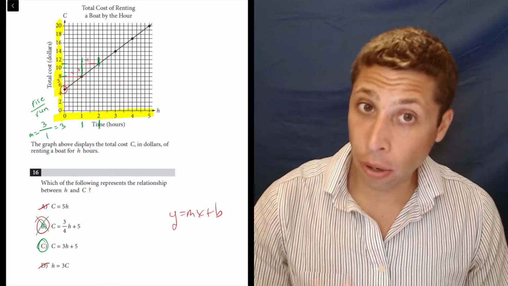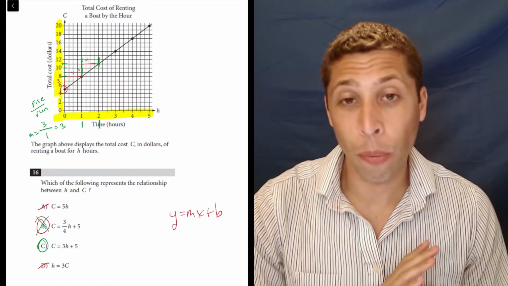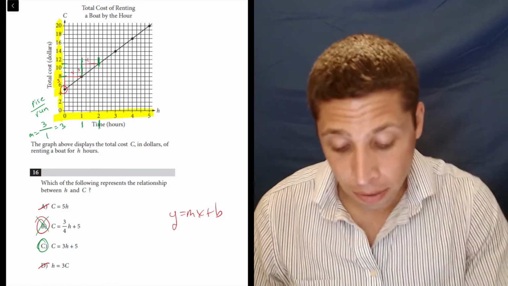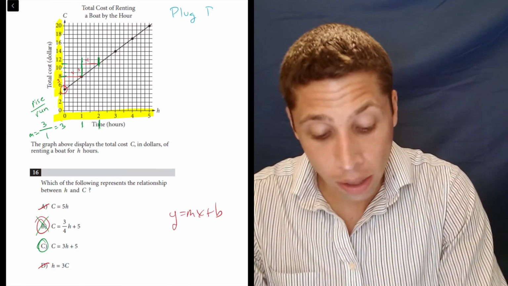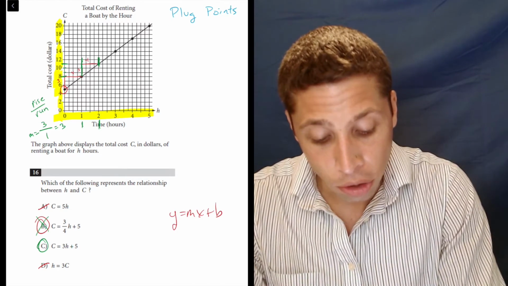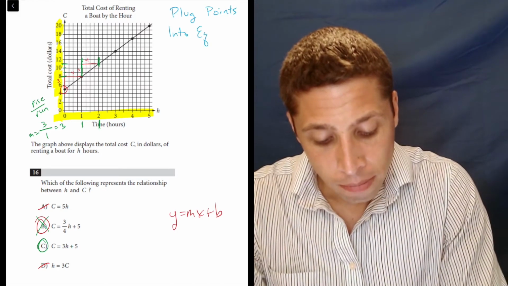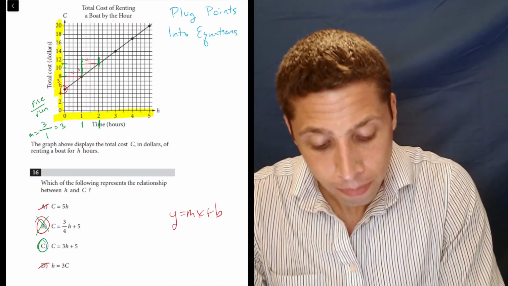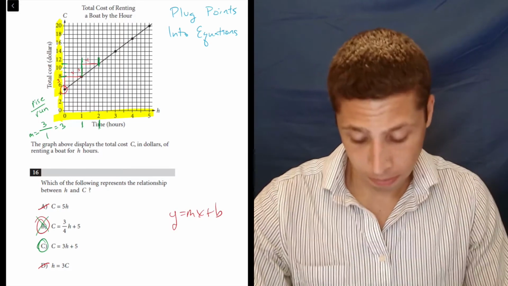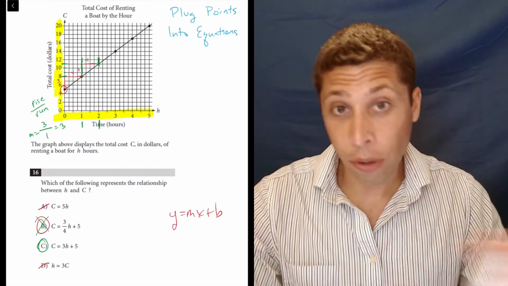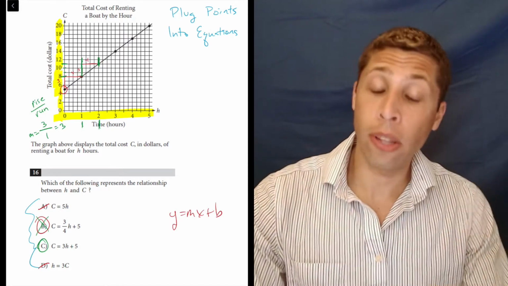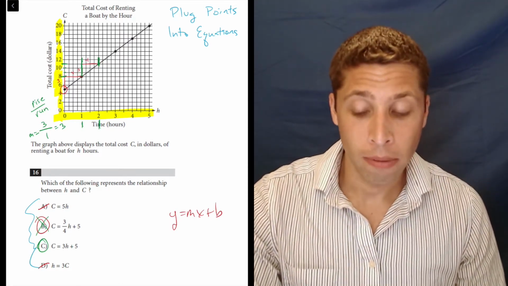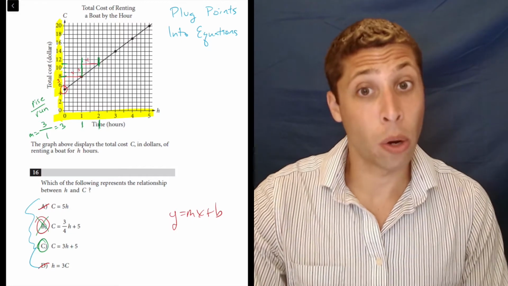But there's a better way to avoid the mistake without having to think about all that stuff. It's to use a much more basic strategy that I think gets ignored way too much: plug points into equations. When I look at this question, I don't see the graph at first. I see the equations. And I know that this strategy is a very valuable one. So I say, okay, I've got equations.